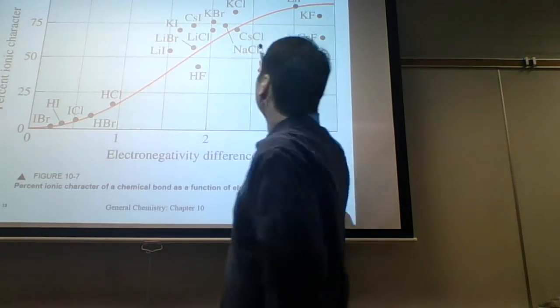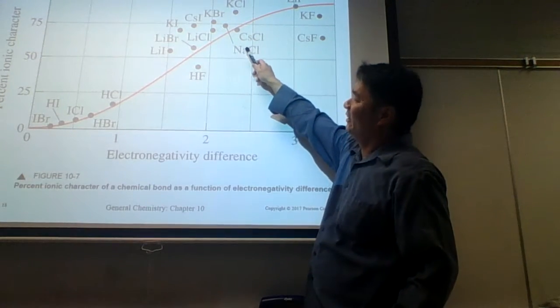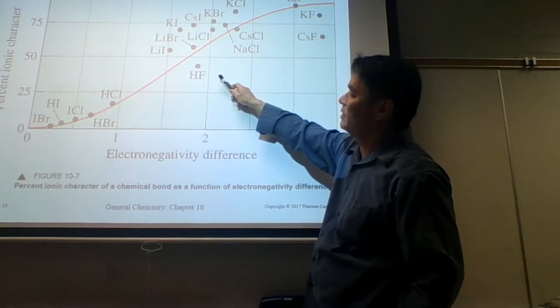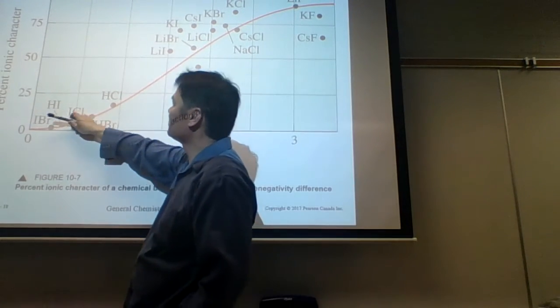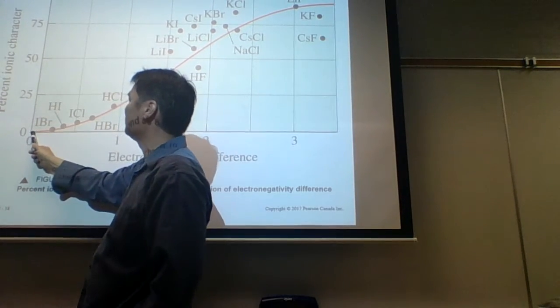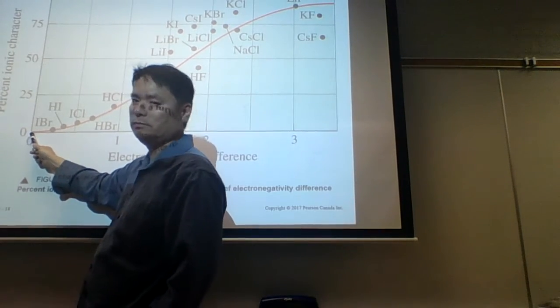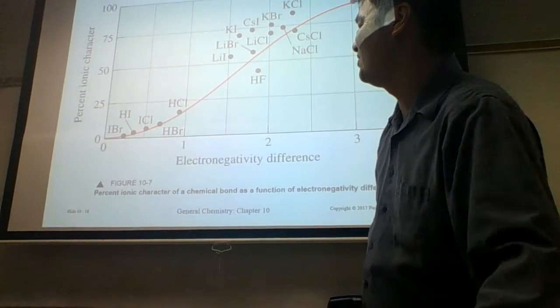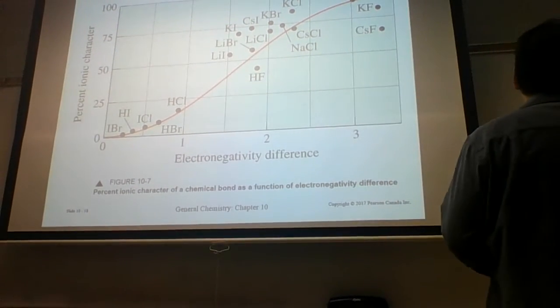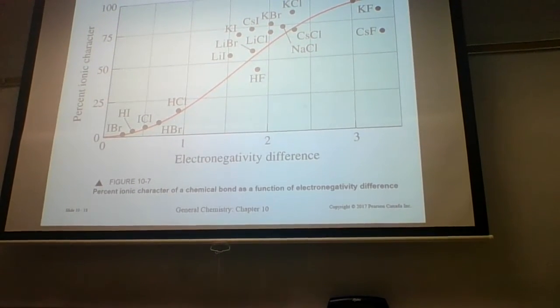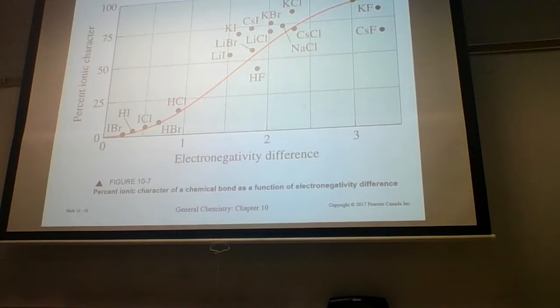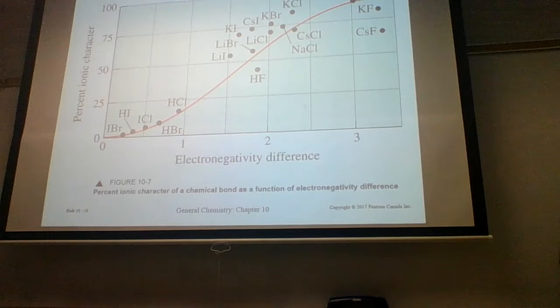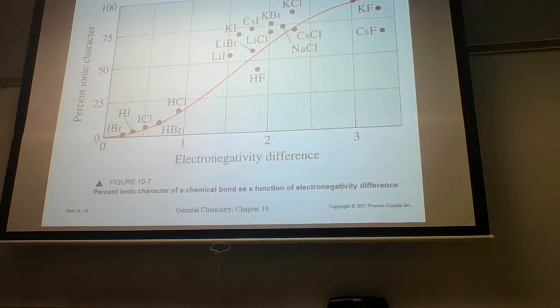The bonding is going to range from 0% ionic character, which means 100% covalent. So something like H2, Cl2, where you have the same atoms bonded to each other, will be covalent. And so if it's covalent, we would write the Lewis structure like this. This would be Cl2.